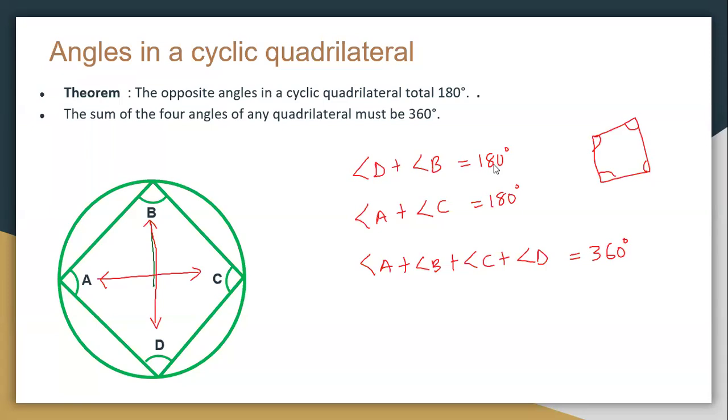Subtended means an angle that is formed between two lines. When you have this line and this line meeting, the angle that those lines form is what we call a subtended angle. Here, this is my chord and this one is also my chord, so the angle formed here is the subtended angle, formed by this arc.